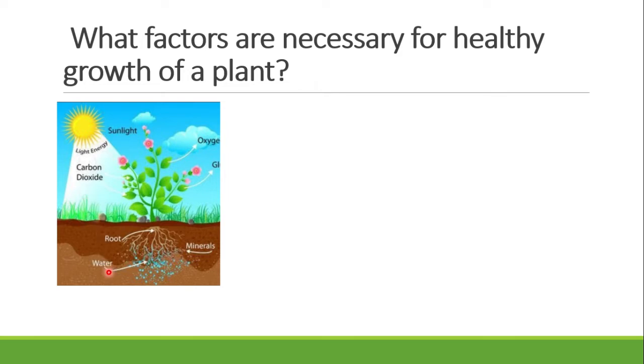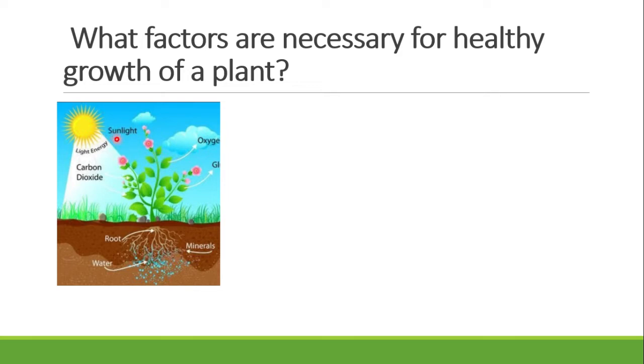Water is absorbed by the roots and taken into the other parts of the plant, and also carries the minerals or the nutrients that are present in the soil. Water absorbs these minerals and takes them to the other parts of the plant. So during this process that is named photosynthesis, how many factors or conditions are there?